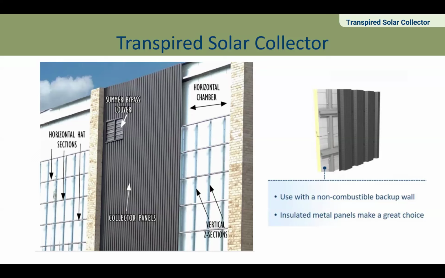The insulated metal wall panels are great as a backup because they're fully non-combustible. So if you're concerned at all about NFPA 285, you don't even need to get into the fire-rated insulated panels. You can use the standard polyisocore panels to achieve your Class 1A rating for NFPA 285.